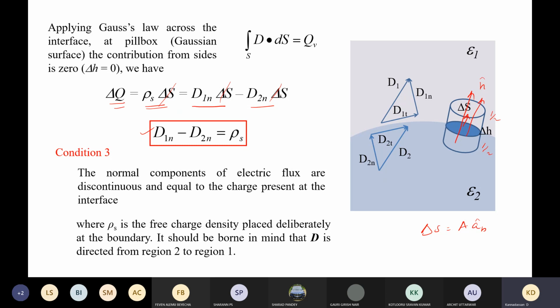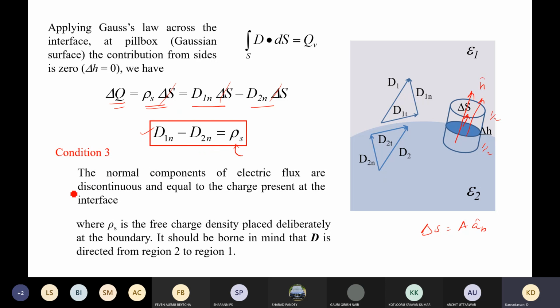Like if you take a PN junction, or if you take a metal and another metal surface, or two oxide materials, wherever you take, there will always be interface charges, often referred to as interface charges itself. So this is what is referred to here as the surface charge density. And if it is not equal, then this clearly tells that these two values cannot be the same.